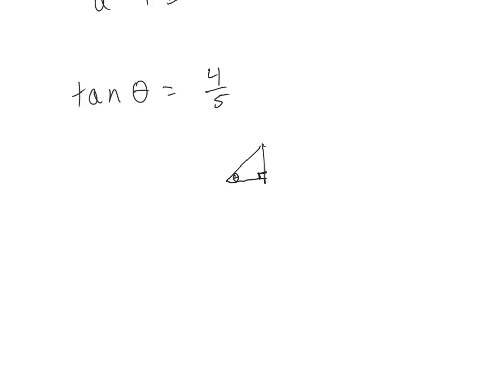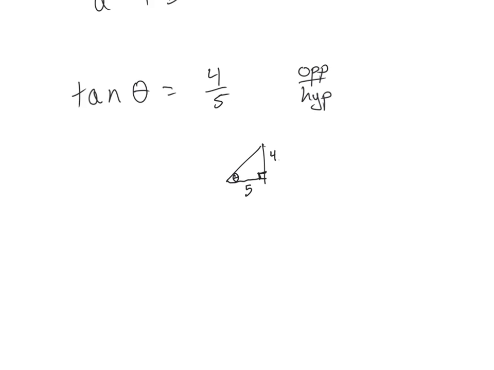Our tangent, remember, tangent being TOA, that's opposite over adjacent. The tangent of theta equals 4 over 5. That means the ratio of the lengths is 4 over 5.